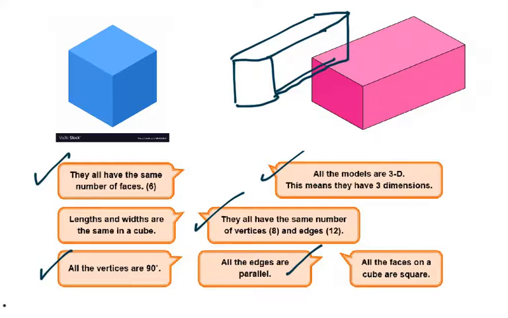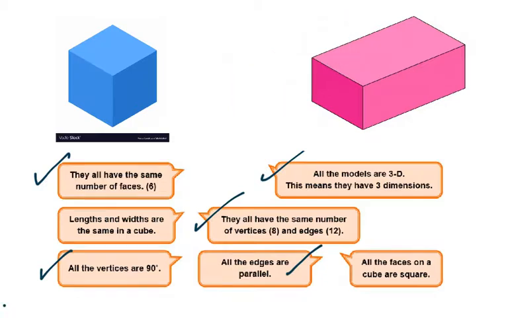I haven't drawn that very well, have I? So this one would have a square either end and then 4 rectangles. But this pink one has got 6 rectangles that are all different. So it does depend on the cuboid, but that's something that is different. That on a cube, they're all square.